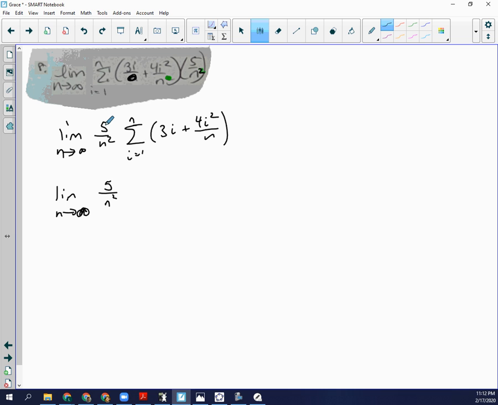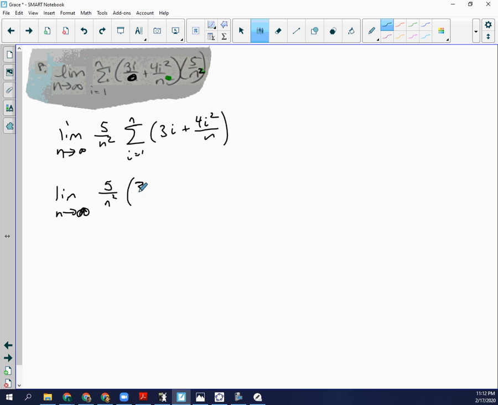And I could have left the n squared under there. It's not going to really matter. Anyway, we substitute for the i. So the sum from i equals 1 to n of i is n times n plus 1 over 2.